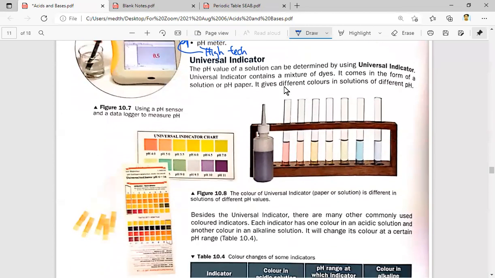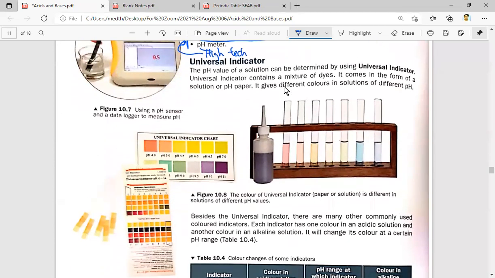pH value. So as mentioned just now about universal indicator, it is actually a mixture of dyes. It gives different colors in solutions of different pH. So this is the chart that you will typically have if you are using a universal indicator in the lab. However, for N-level, you don't really use the universal indicator that much. You don't really have the chance to go to the lab that much also.